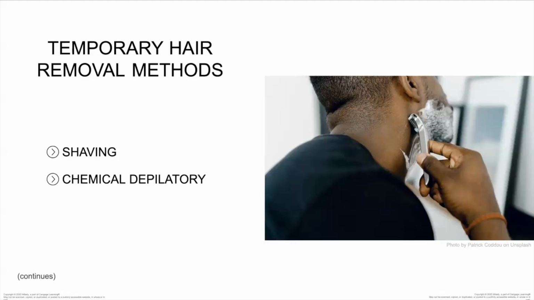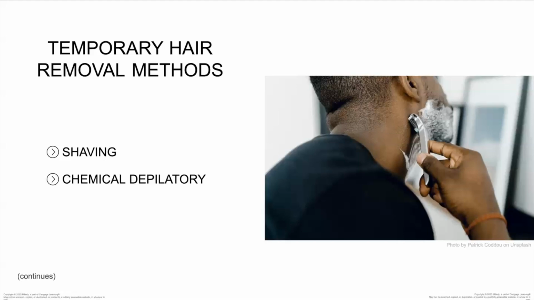The pros and cons of chemical hair removal: it's also inexpensive, can be applied in the privacy of one's home, and regrowth can seem slower and softer because you're removing the hair at skin level and a little bit into the epidermis. And then the cons: results are not as long lasting as waxing.